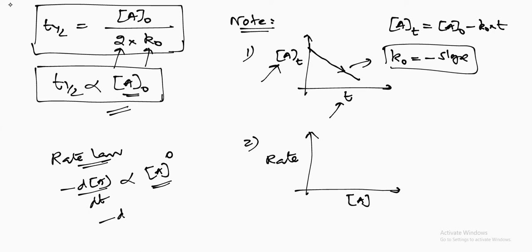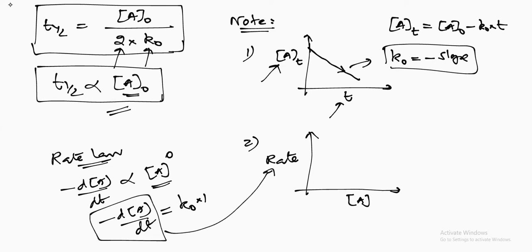Or I can write this as minus dA by dt is equal to k naught into concentration power 0, so that should be 1. Minus dA by dt is nothing but rate. What does this indicate? Rate is constant, k naught. Rate is independent of the concentration of the reactant.